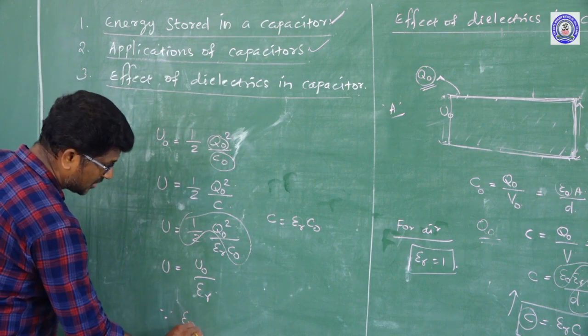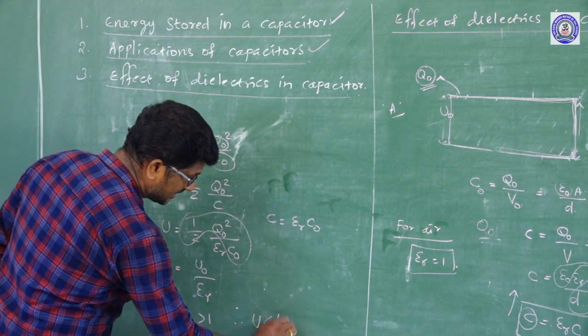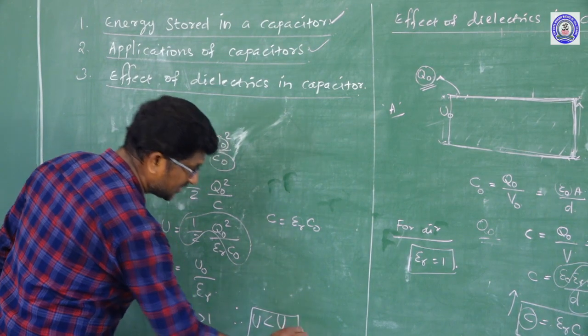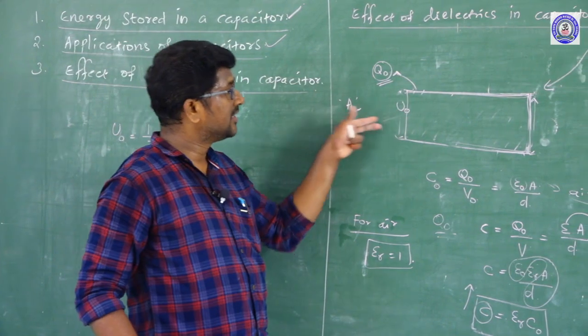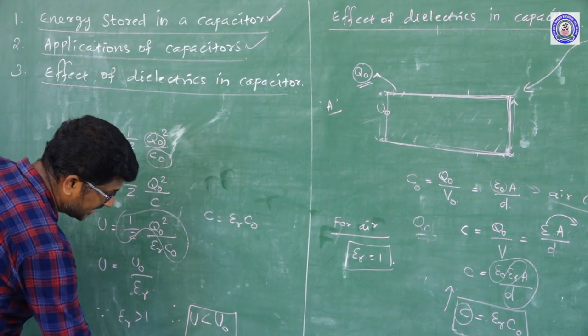Since epsilon r value is greater than 1, therefore, U value is less than U naught. It means if the dielectric material is introduced between the plates of the capacitor, the energy value also decreases.